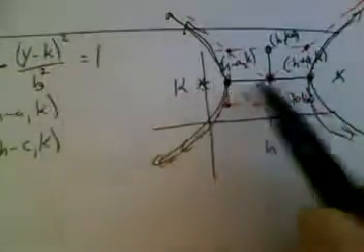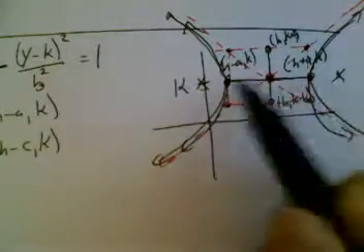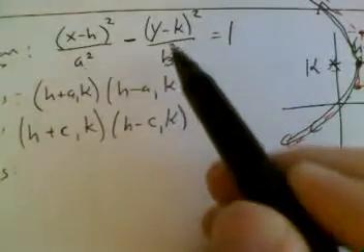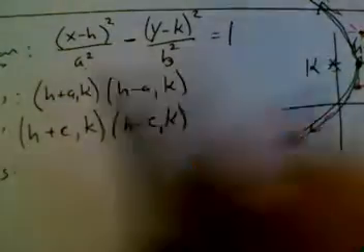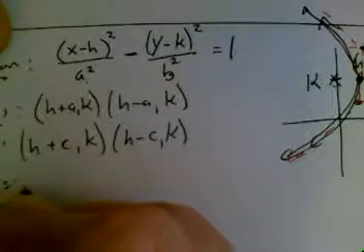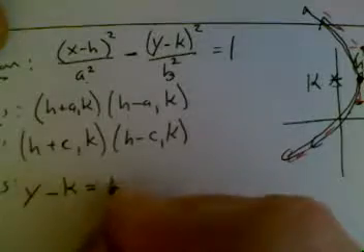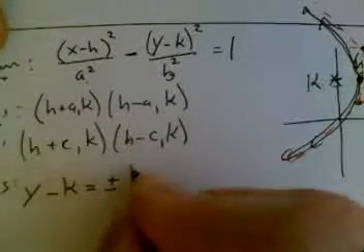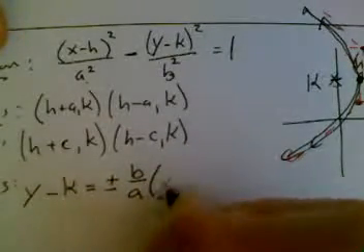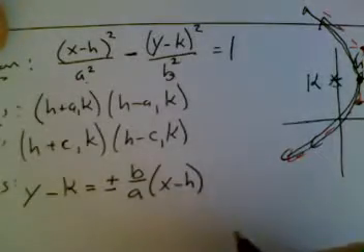If my transverse axis is in terms of the x values, the larger value, because a negative value is smaller than a positive value, then my asymptote will always be y minus k equals plus or minus b over a times x minus h.